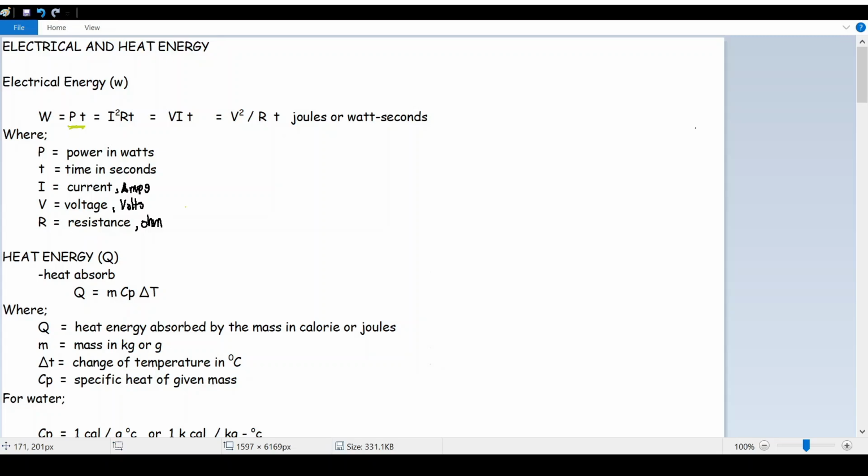It can be expressed in three other forms by replacing power in terms of current and resistance, voltage and current, and voltage and resistance. The power in this formula is in watts and the time is in seconds. Current must be in amperes, voltage must be in volts, and resistance must be in ohms.